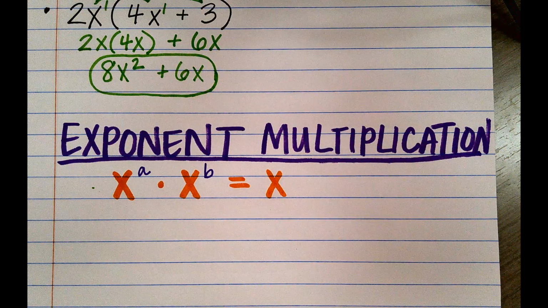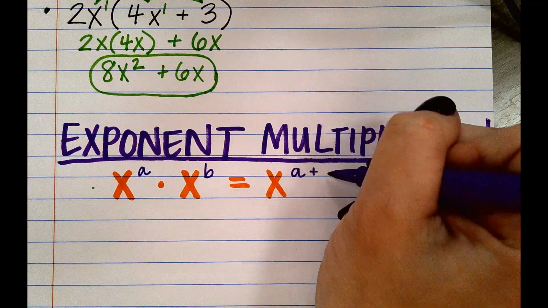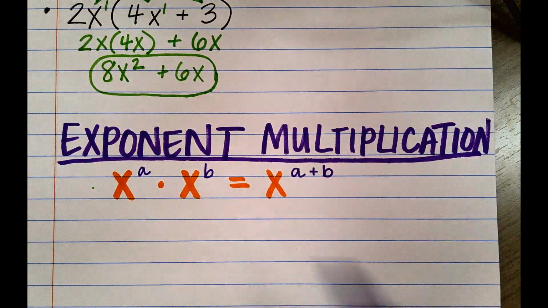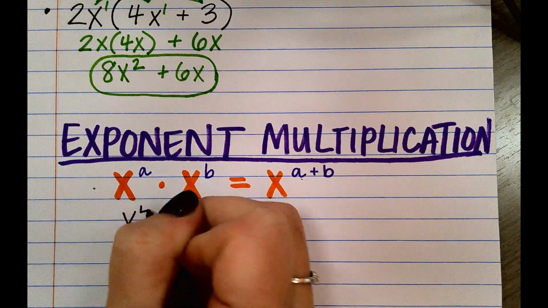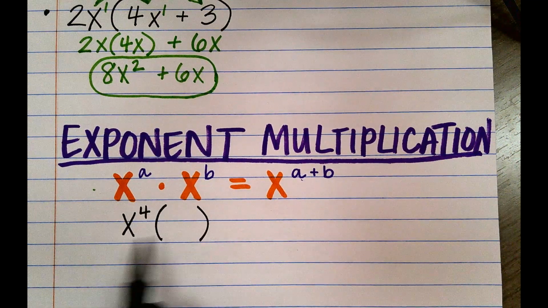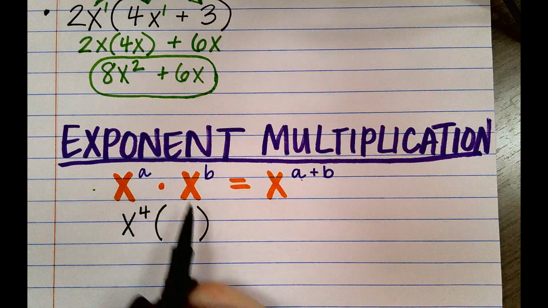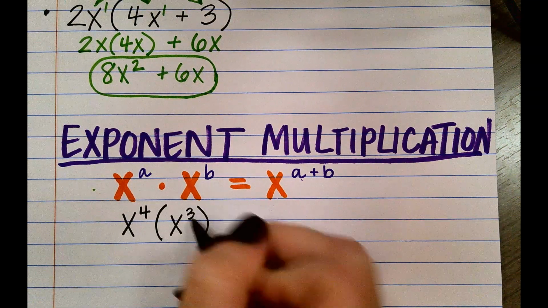x to the a plus b. So if I have, we're going to see if we can use this formula. I'm going to give you a problem. X to the 4th power times, now remember parentheses is just like distribution, it means multiplying. X to the 4th power times x to the 3rd power.